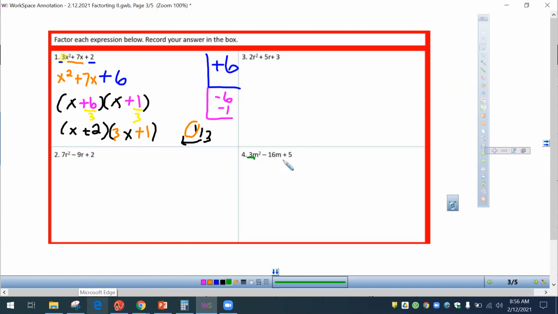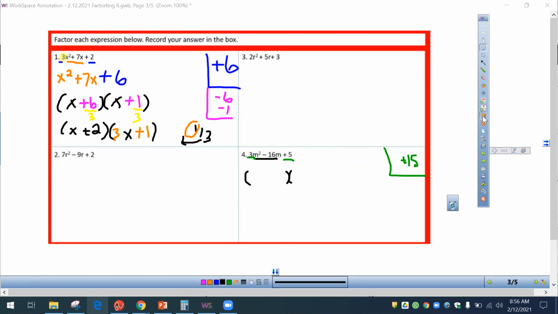So again, you'll multiply A times C and get plus 15. And then you'll drop this down right here. And make sure you change those m's to x's. Sorry, skipping a step.